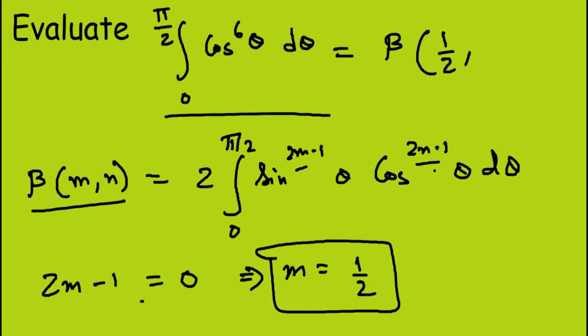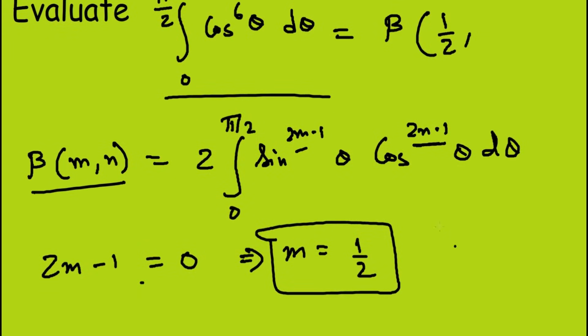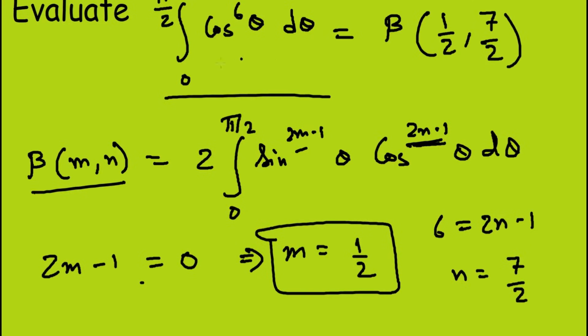If I compare the power of cos theta, 6 will be equal to 2n minus 1. So what will be the value of n? N will be equal to 7 by 2. So I can represent this with the help of the beta function as beta half comma 7 by 2.